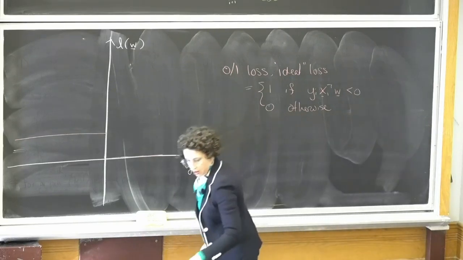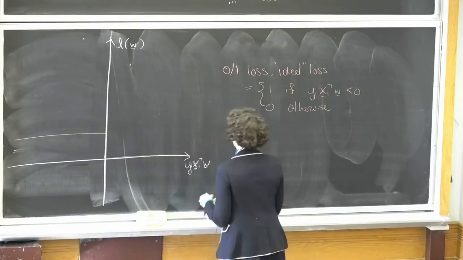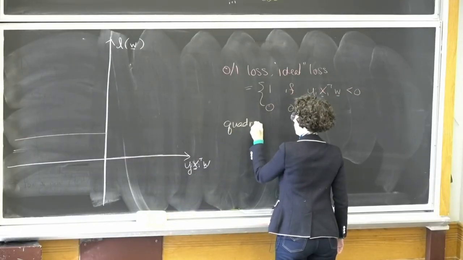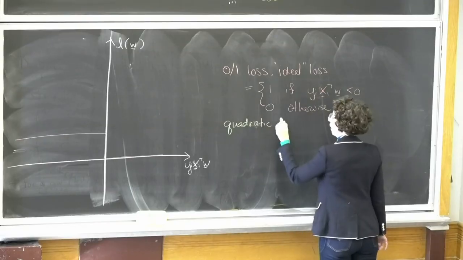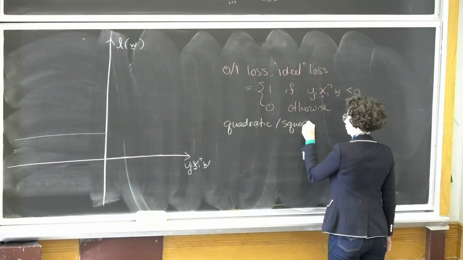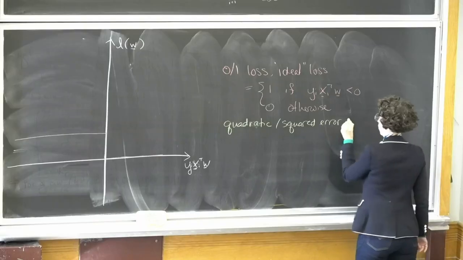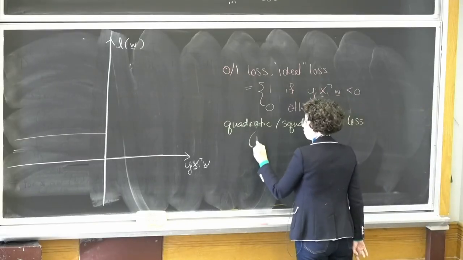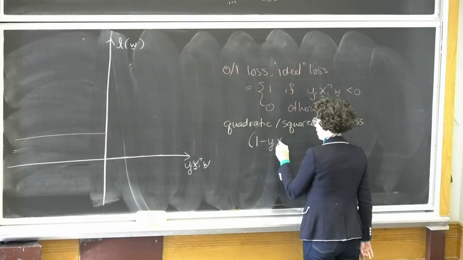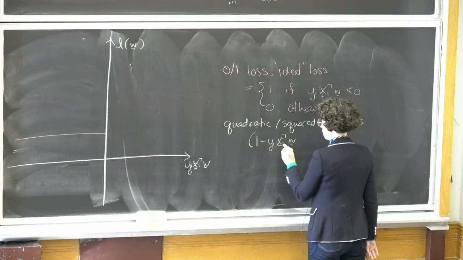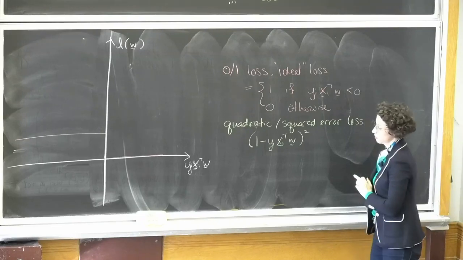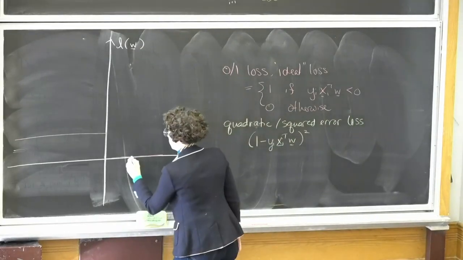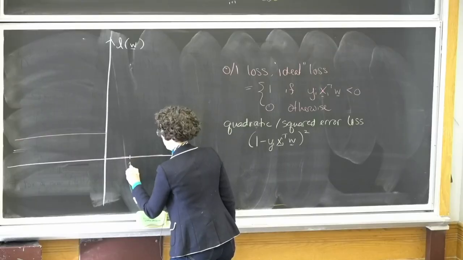So the other thing that we've considered here is quadratic, or squared error loss. And if you recall, we were looking at (1 - yi xi transpose w) squared. And so we can now plot this on this plot here. So let's have this point here be 1.